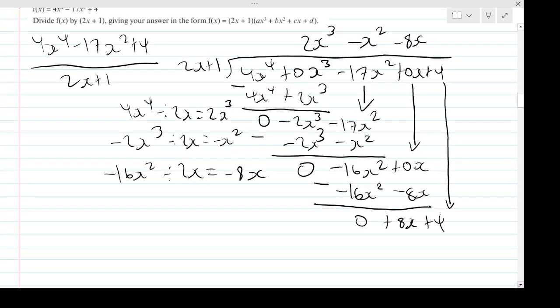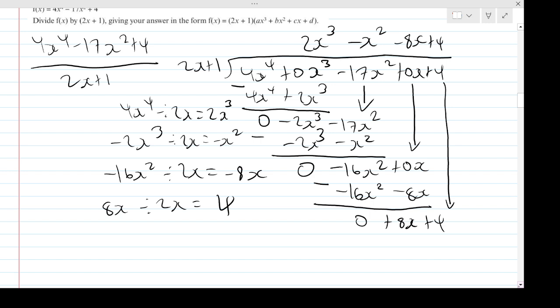Cool. So then again, the highest term now is 8x. So then 8x, and then I need to divide 8x by, again, the highest term outside, which will be 2x again. So that would be simply 4. Okay, so then I add 4 there. And then I need to times the 4 by, again, all the terms outside the bus stop.